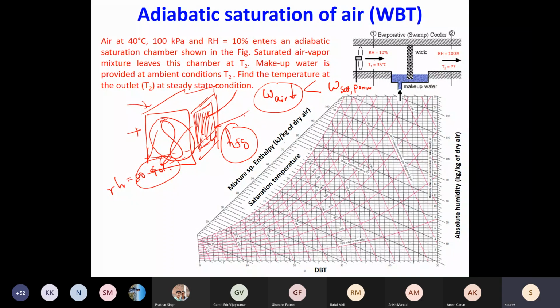The enthalpy required to change the phase of liquid water present in your pot to water vapor is taken up by the water present in the pot itself, so the pot as well as the water which is present there. Okay. So the same phenomenon happens over here also. The enthalpy is supplied by the air itself. And hence the air cools down sensibly, but it also becomes saturated or close to saturated.